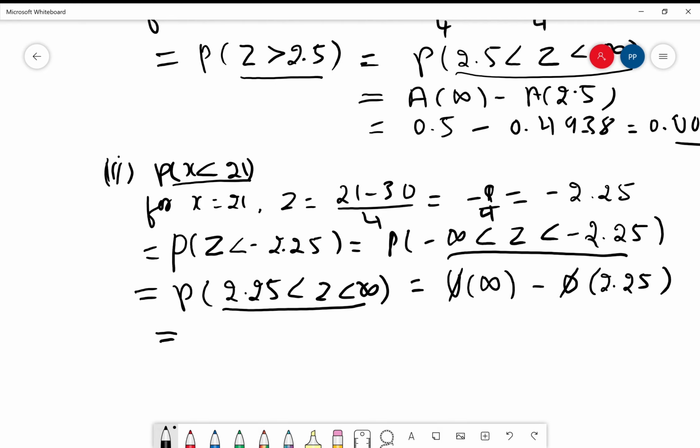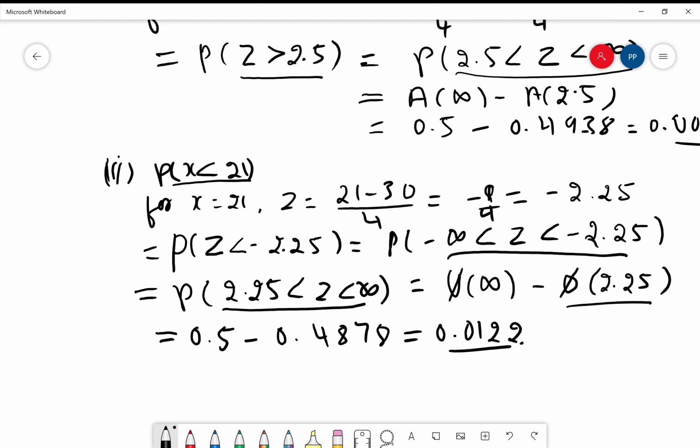Phi of infinity is 0.5 minus, and from the table, phi of 2.25 is 0.4878. So this simplifies to 0.0122. This is the probability of x less than 21.